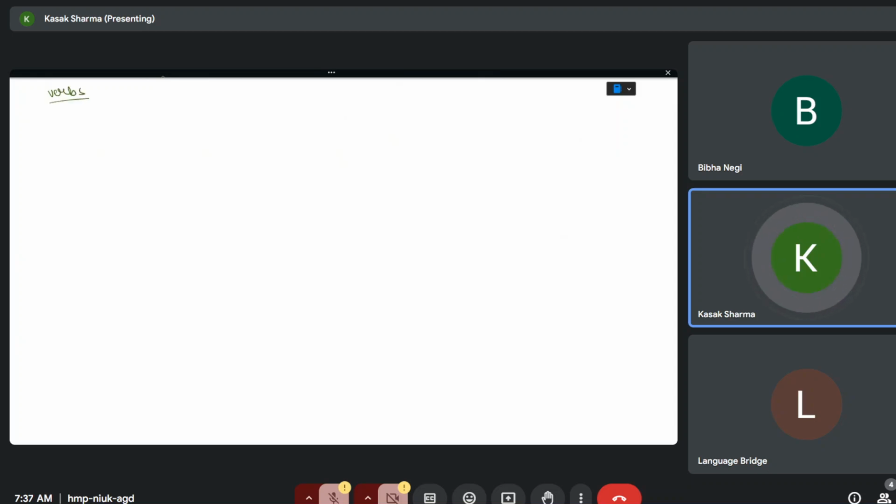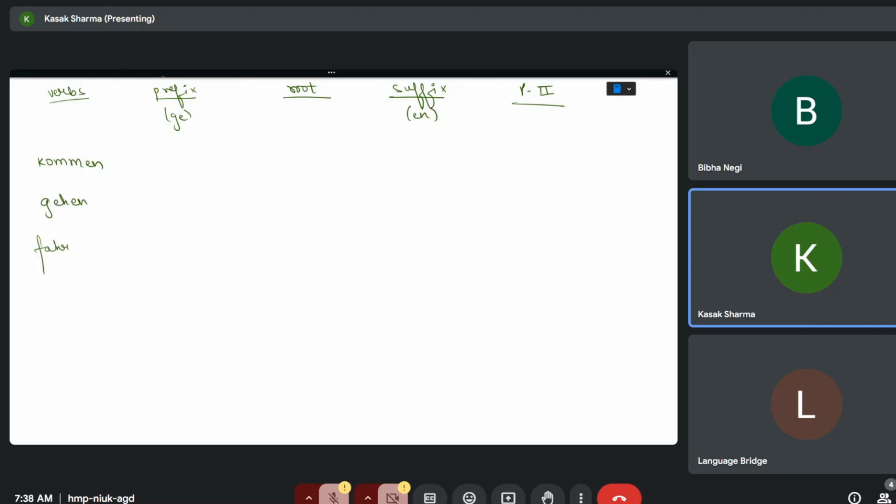Here we have the verbs, the prefix ge, root, suffix en, and the Partizip II form. So the verbs are gehen, fahren, schreiben, and lesen.